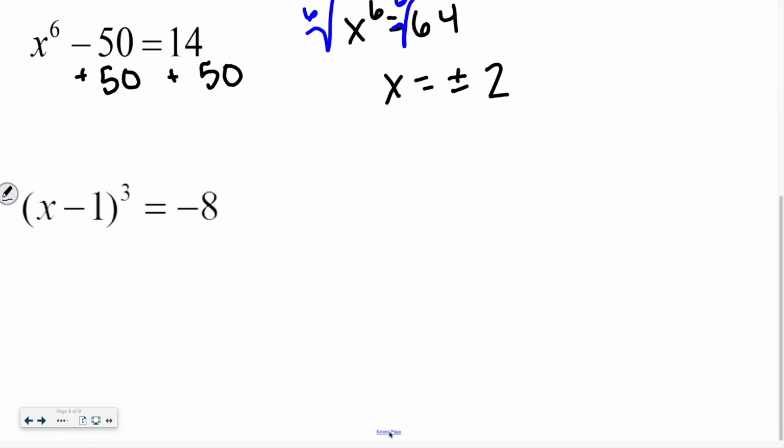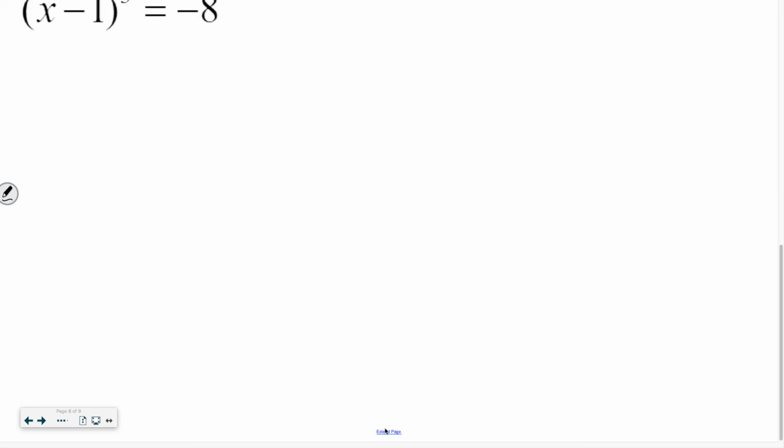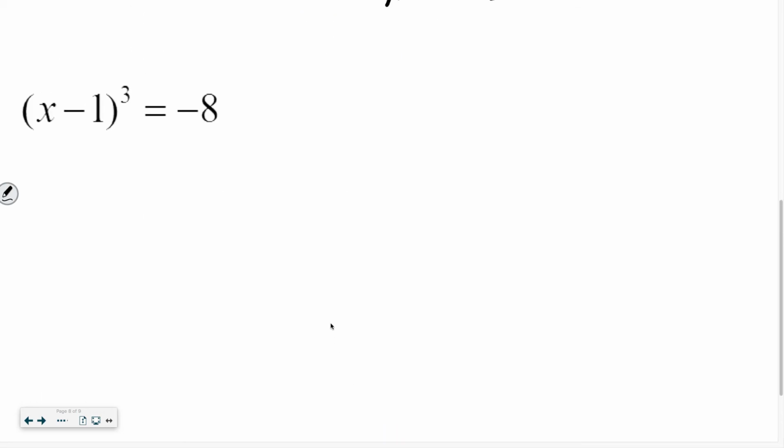Okay, quantity x minus 1 cubed equals negative 8. Can I add 1 right away? No, it's trapped in that parenthesis, right? So I've got to cube root both sides to start with.